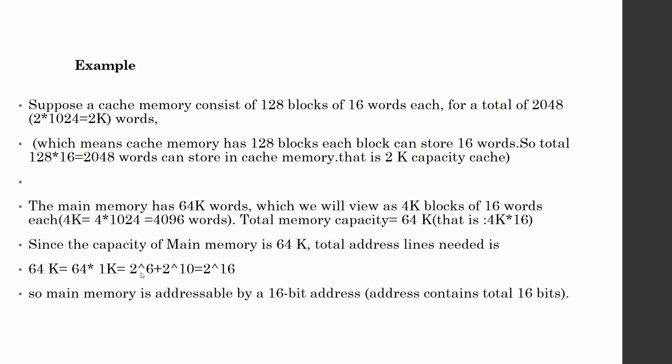You know that 64 is 2 to the power 6, and 1 kilobyte is 2 to the power 10. So you will get 2 to the power 16. So how many address lines are needed for this memory? In order to access any word from the memory, 16 address lines are required. So these are the basic things, and we are taking this example in order to explain 3 mapping functions.